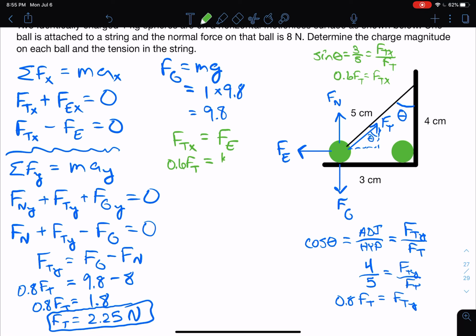Fe is K, so I'm just using Coulomb's law now for the electrostatic force, so that's K Q1 times Q2, but Q1 and Q2 are the same, so I can just put Q squared over R squared. Okay, so continuing on, I know what FT is. That's 2.25.